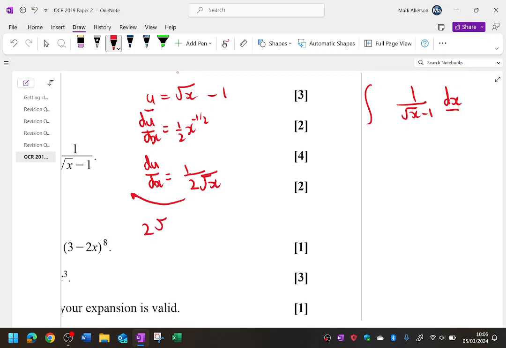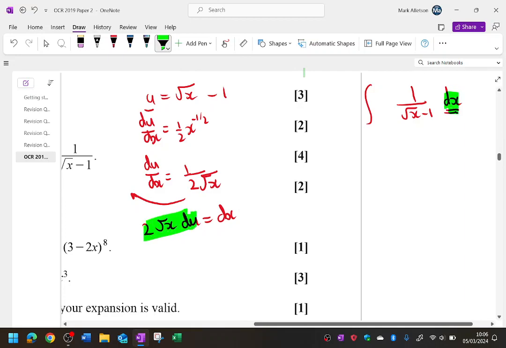So I'm going to get 2 root x du equals dx. Okay, so now I've got that written, I can replace the dx in this part here. Let me highlight it. I can replace the dx for this. I can also replace the root x minus 1 for u, and let's see where we end up.